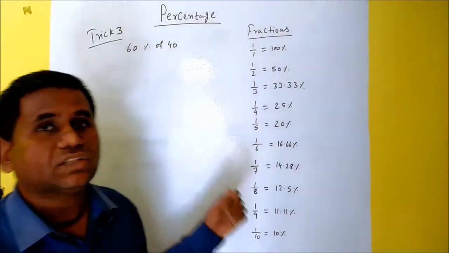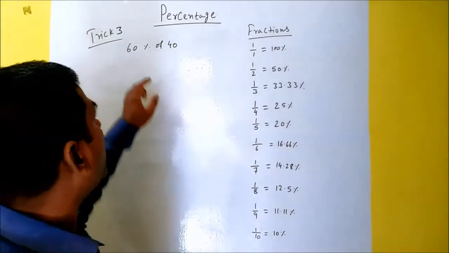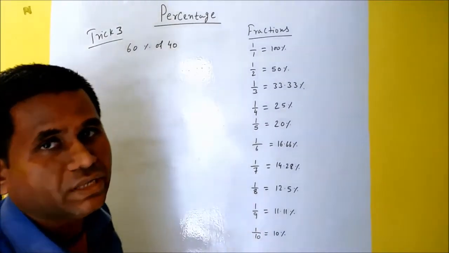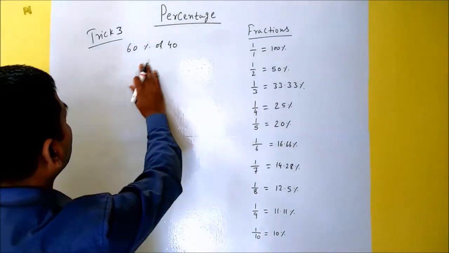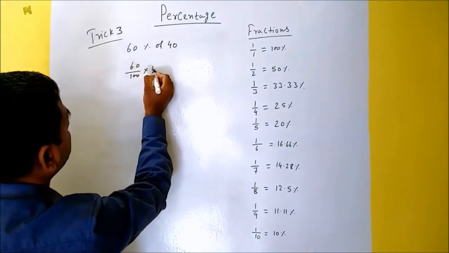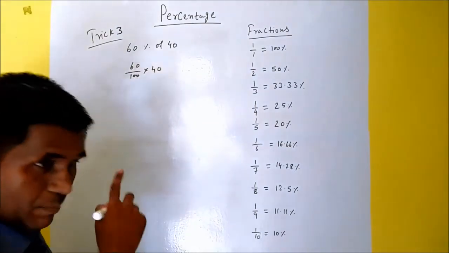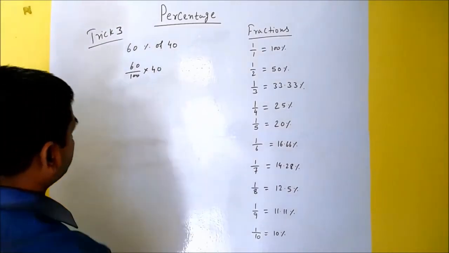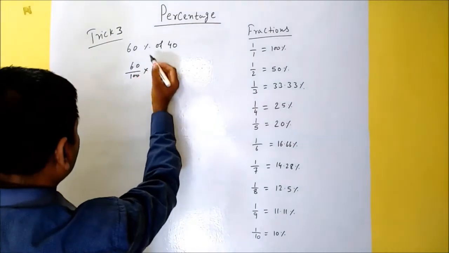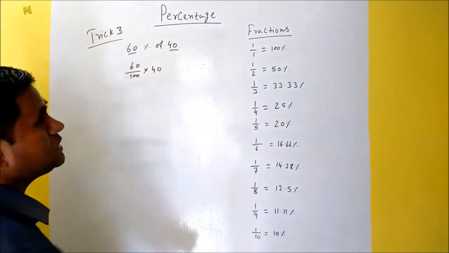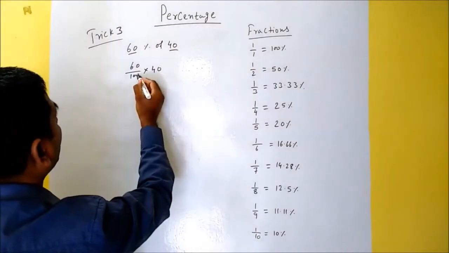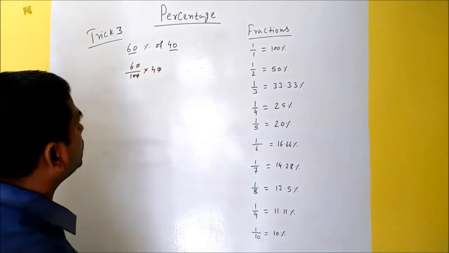Okay, so in the third trick, we are going to learn how we can calculate this type of problem very quickly. So we all know that this can be calculated like this: 60 by 100 multiplied with 40. So why I'm writing this is so that I can explain to you the shortcut method. In this, where both numbers have 0 at the tens place, so we can cancel the 0 with 100, right?